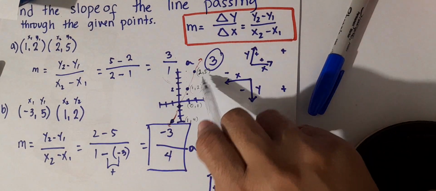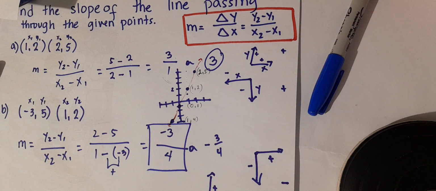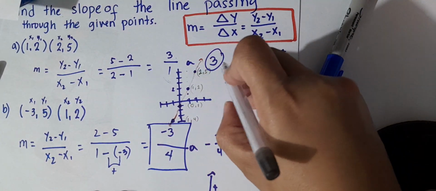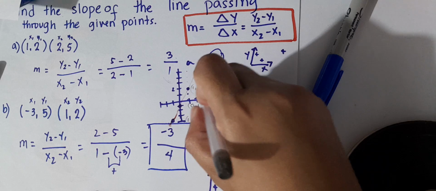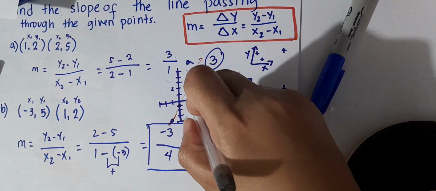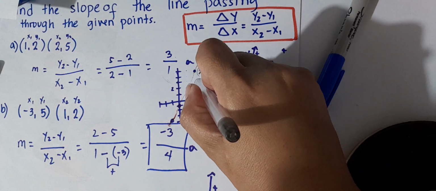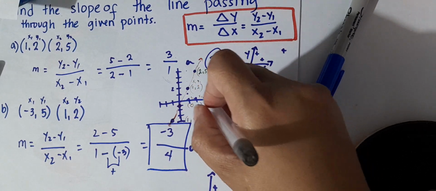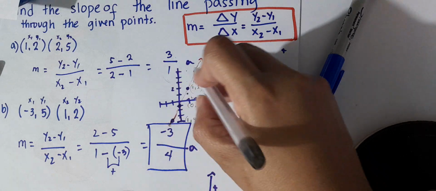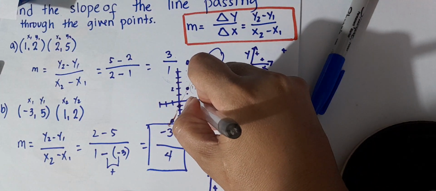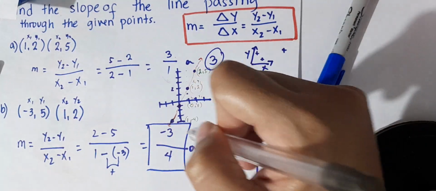Now, if you want to check if you get the same slope, you can just subtract them. Okay, so this one will be y2 minus y1 over x2 minus x1. By the way, this will be negative. And this will also be negative.